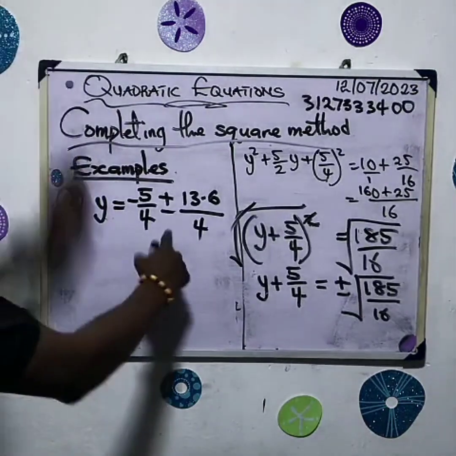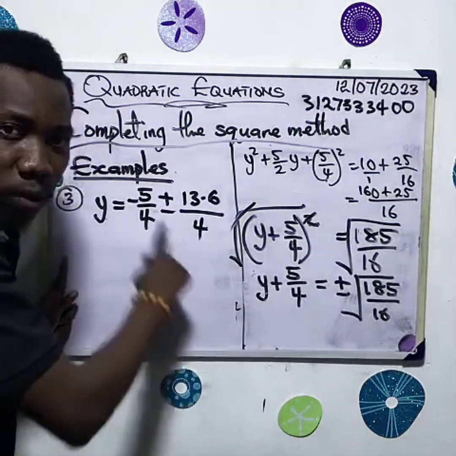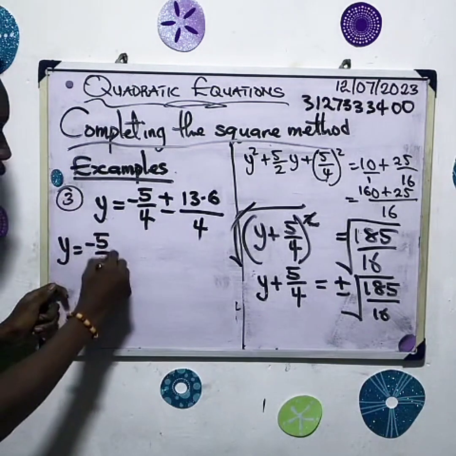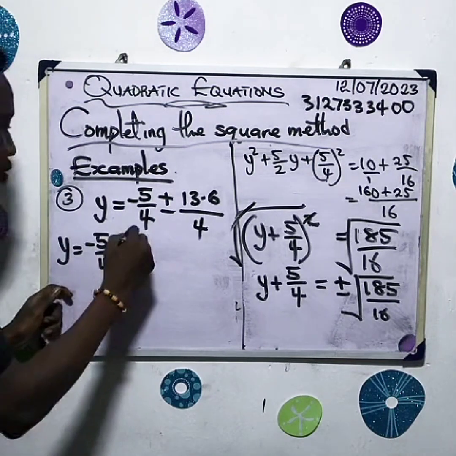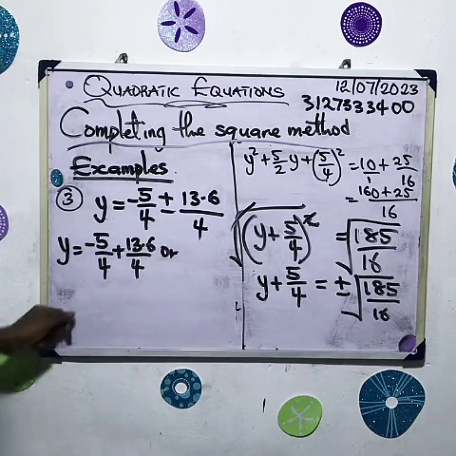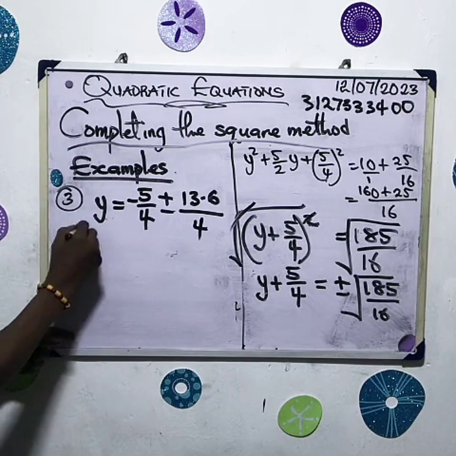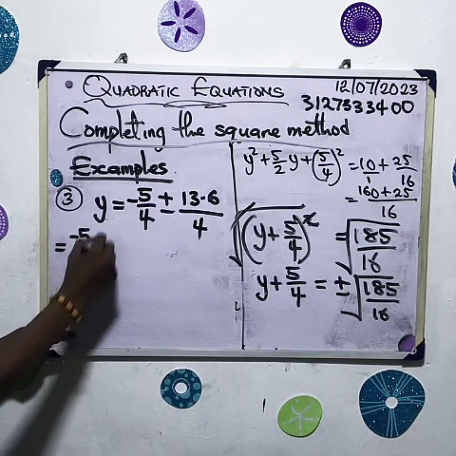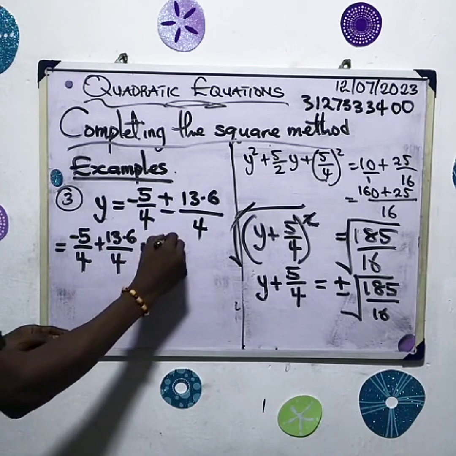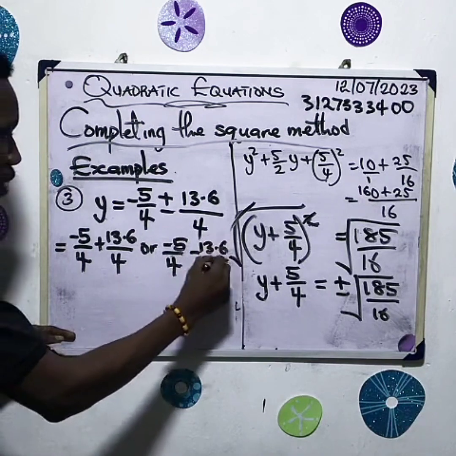All right. So now, what's the next thing we are going to do? Again, we are going to separate this into two: one plus and one minus. So y will be equal to minus 5 over 4 plus 13.6 over 4, or minus 5 over 4 minus 13.6 over 4.